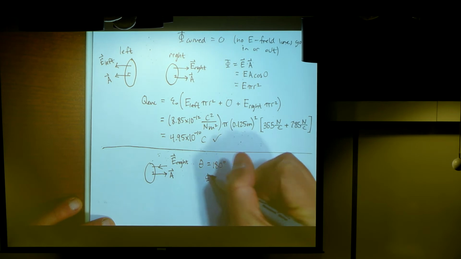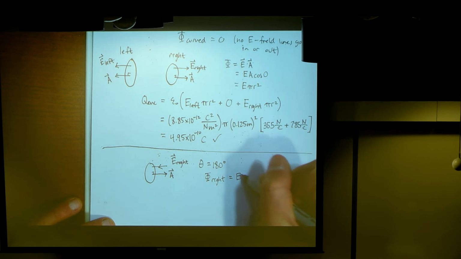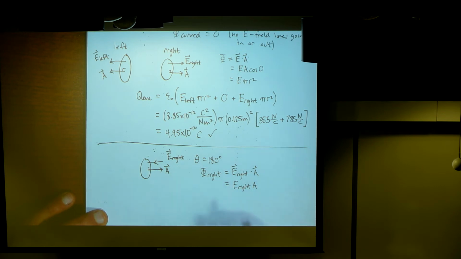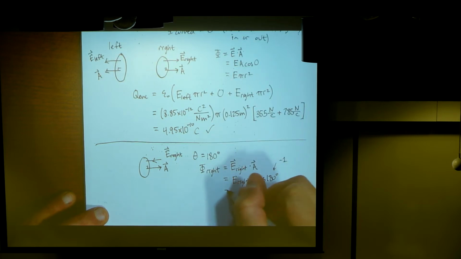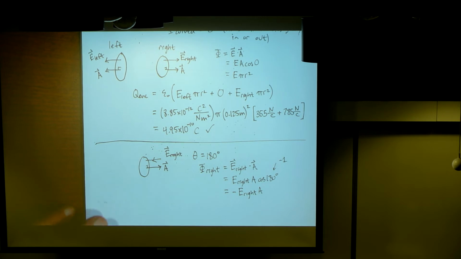The electric flux on the right side would be E dot A, which we write as the magnitude of the electric field on the right side times the magnitude of A times cosine of 180, which is minus 1. So this brings out an overall negative sign, and the flux is the negative of the electric field times A.